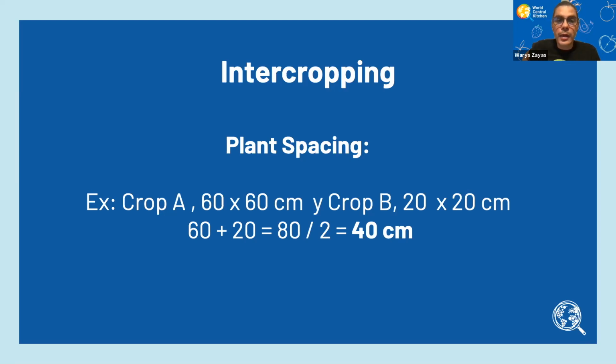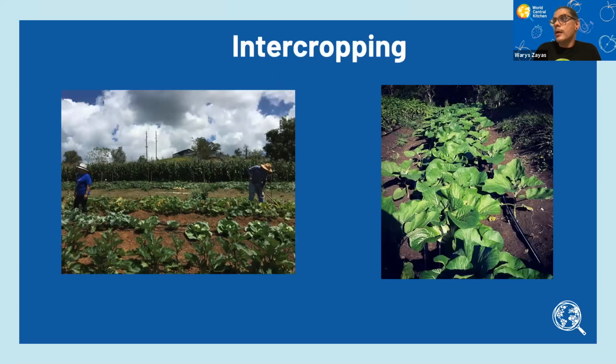You add the 60 plus 20, and divide by two, that equals 40, so our spacing will be 40 centimeters. It means that every 40 centimeters you will have a different plant. Let's keep using eggplants as an example.